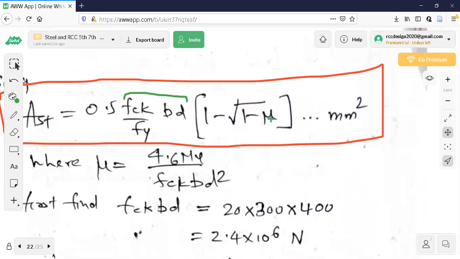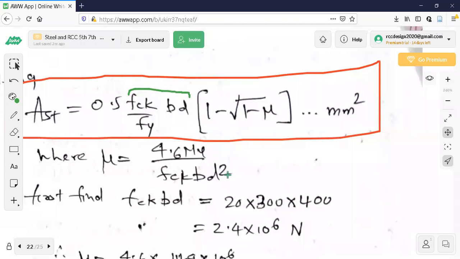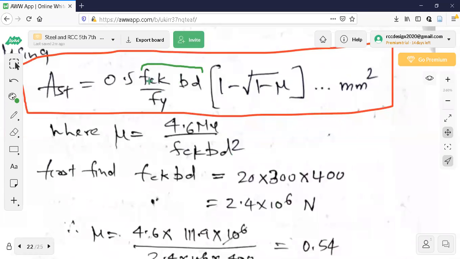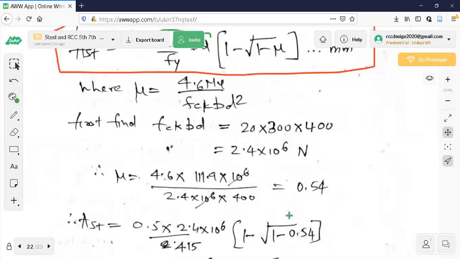Now I am going to substitute everything here after finding mu. So it is 0.5 into FCK BD, which is 2.4 into 10 raised to 6. I'll put it here. Fy is as it is 415, 1 minus square root of 1 minus 0.54. Observe here.